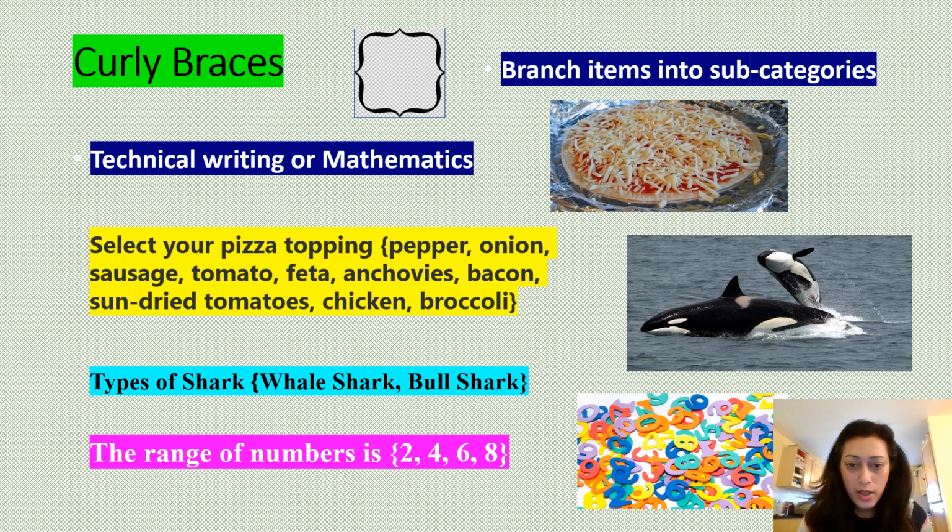So you can use them here because there will be a lot of words which you're going to be using with commas, like pepper, onion, sausage, tomato, feta, anchovies, bacon, sun-dried tomatoes, chicken, broccoli. Types of shark, again you can use the curly brackets: whale, bull. Then range of numbers, again you can use the curly brackets.